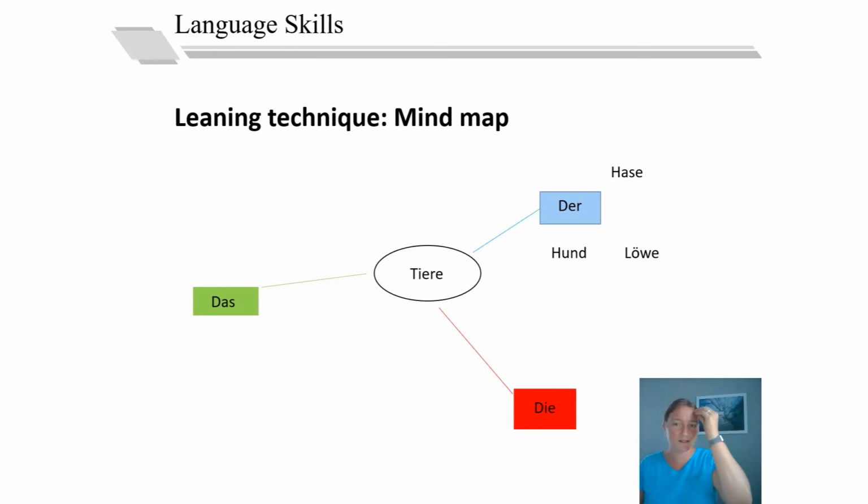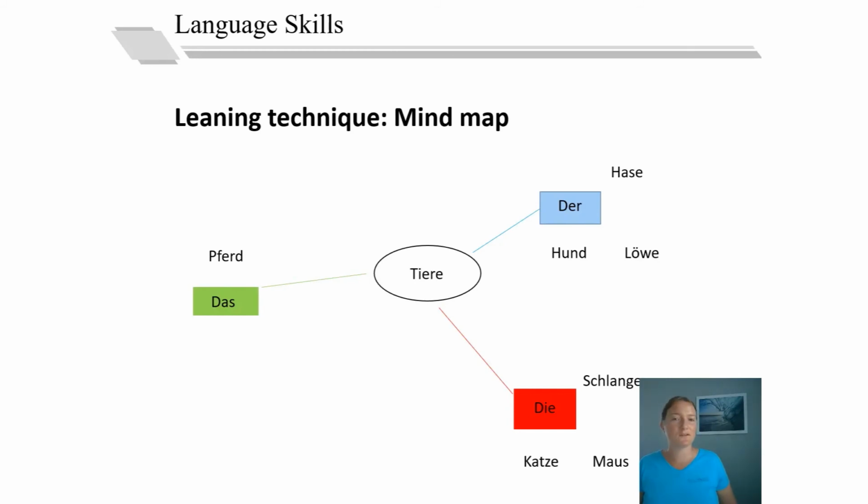So that is another link in your brain, not only the E rule, which is not followed here, because we said Löwe is the male, Löwin would be the female part. You have also a picture now for it. Löwe is part of der. For die goes Schlange, Maus and Katze, and for das, Pferd.